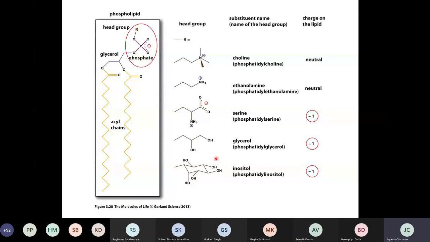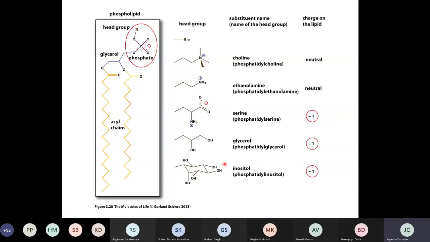So this inositol, when it is connected to this, you have this molecule called a phosphatidylinositol. Many times you have different phosphate groups present at the further OHs, meaning that you not only have one phosphate connected to the inositol, you can have different phosphorylations at these OH groups.